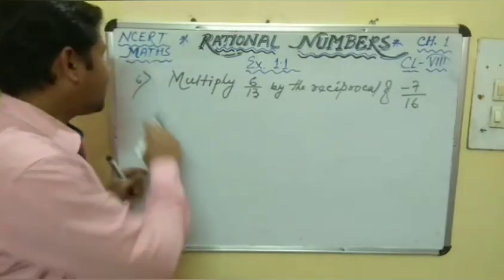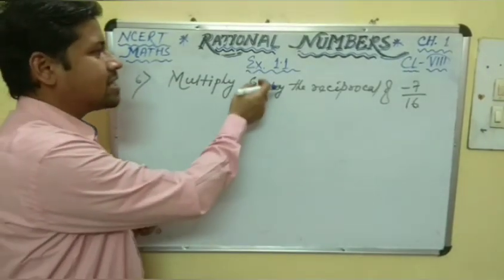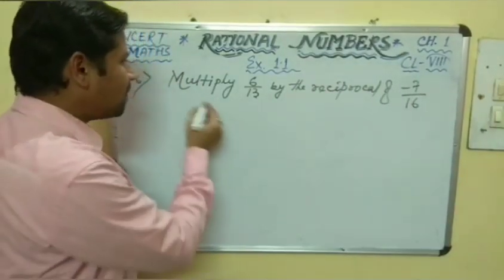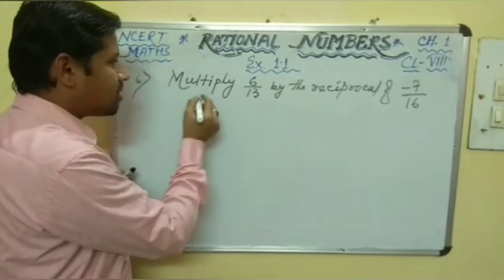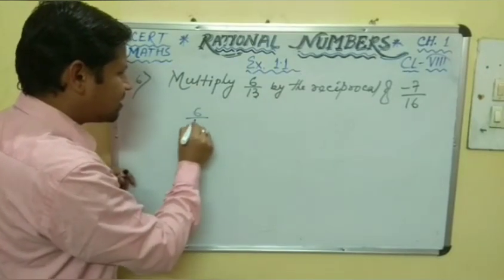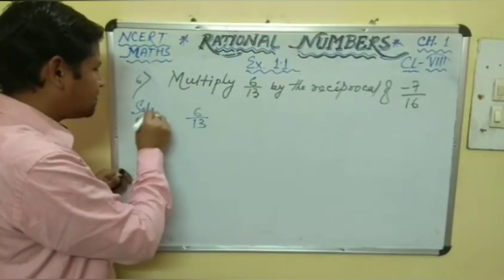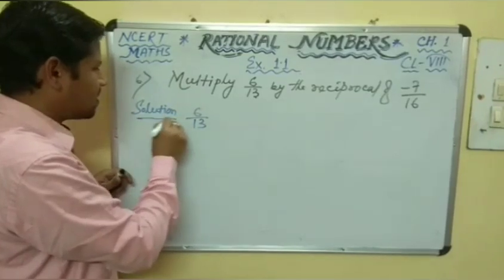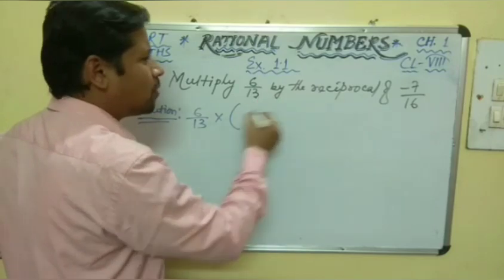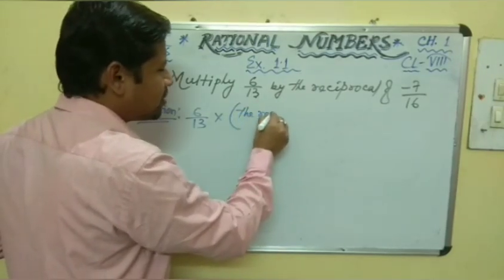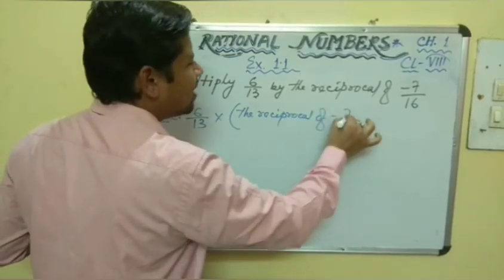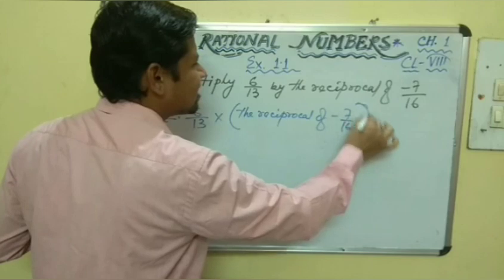Now we will multiply here. Question number 6. Multiply 6 by 13 by the reciprocal of minus 7 by 16. Solution: first of all, 6 by 13 into the reciprocal of minus 7 by 16.